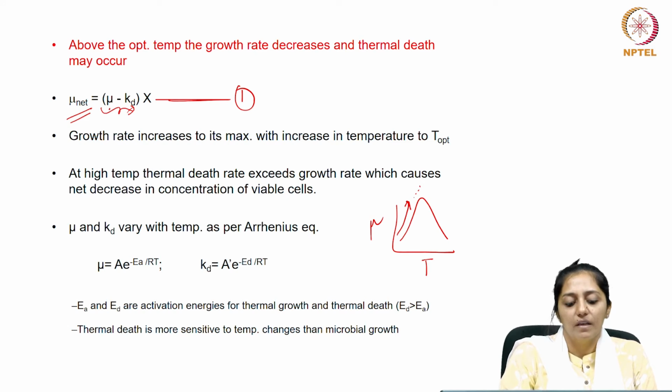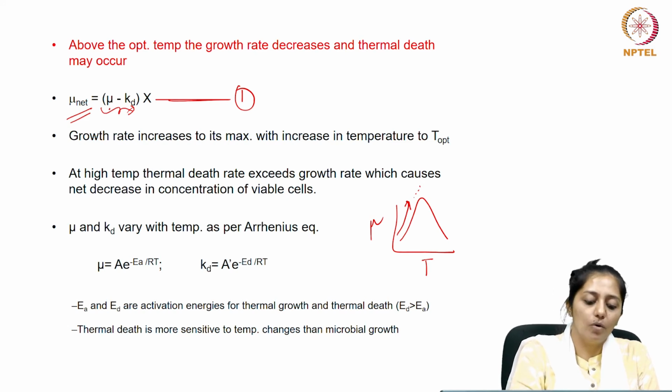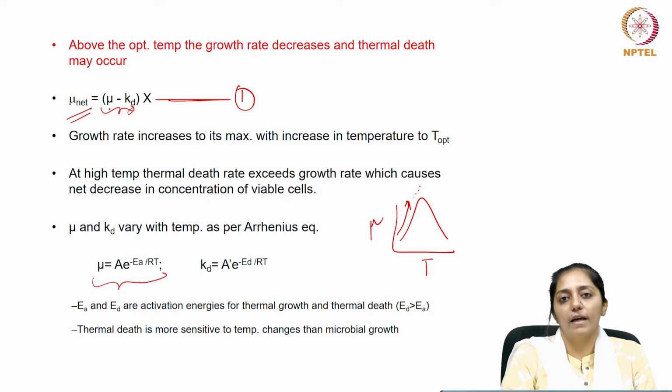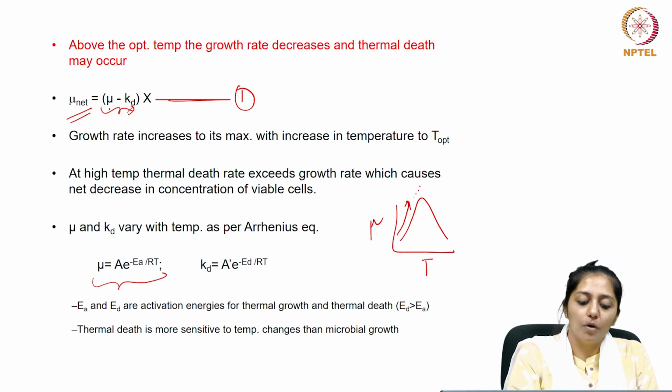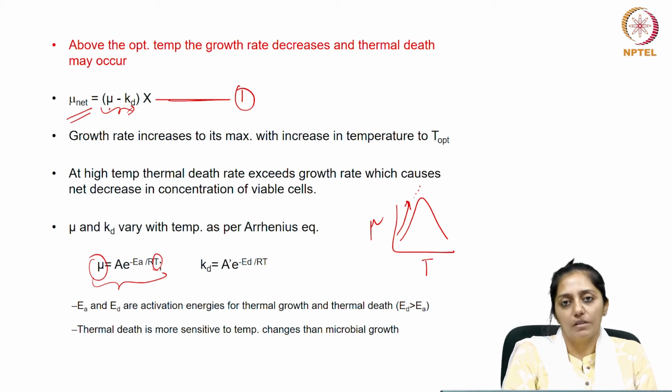This behavior is generally found to follow a well-known model called the Arrhenius equation, which demonstrates the effect of temperature on the growth rate of the culture.